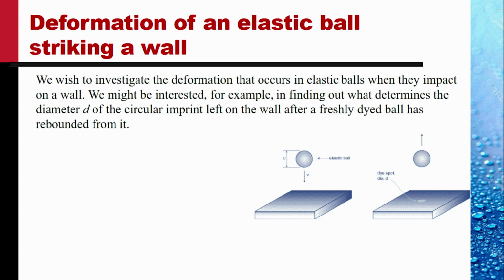So this ball is traveling towards the wall with the velocity v, an elastic ball of diameter capital D. And after hitting the wall and rebounding, it leaves a dye spot of diameter lowercase d as shown on the right.